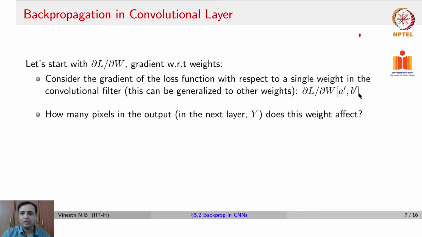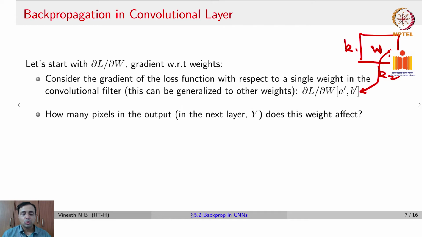So if your filter W has K1 cross K2 dimensions, one of the values inside it is W at A prime, B prime. We now want to compute the gradient of the loss with respect to that particular weight, and then this can be generalized to all weights in that filter.